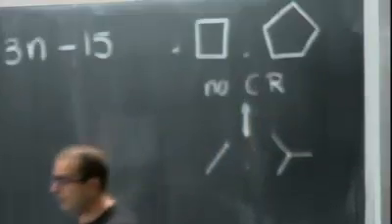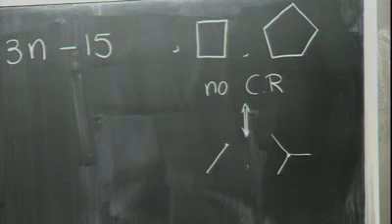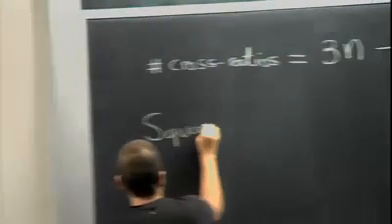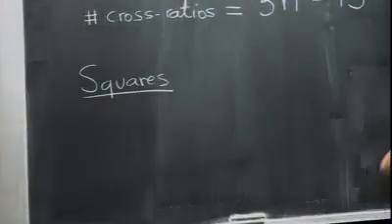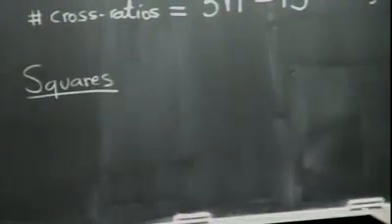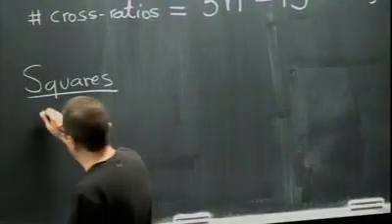For us here, the fundamental objects will be these squares and these pentagons, so I want to spend some time with them. So let's start with squares. Okay? Well, let's start with squares. So squares, all squares.